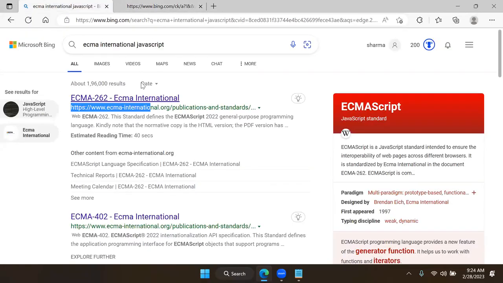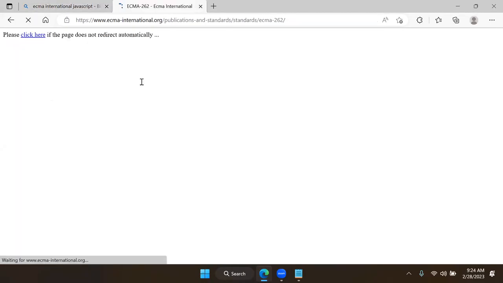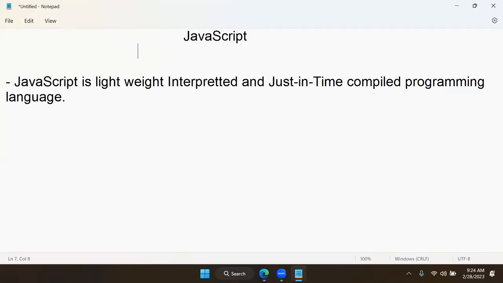Whatever definitions and concepts you are going to learn here, I am going to give as per ECMA standards. It's taking time to load the page. This is the official website, ecma-international.org. JavaScript is built, maintained, and its standards are configured by these people.